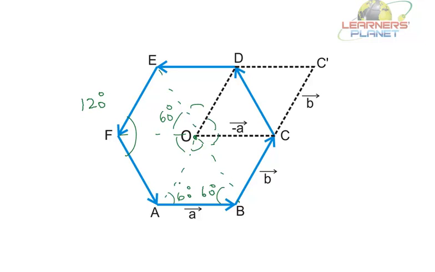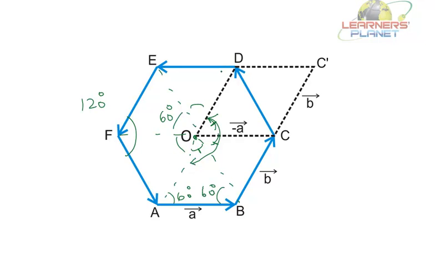degree. Now since this angle is 60, this is also 60 and this is also 60, the total angle is 180, which means that OA and OD are in one single line. That means this angle is 180, therefore AD is one single line.